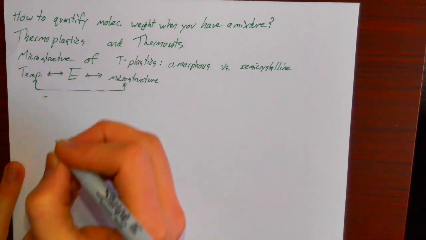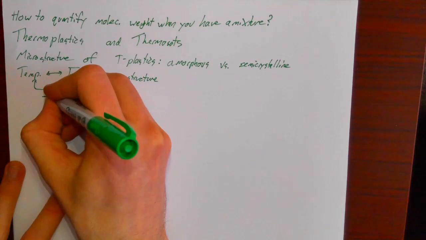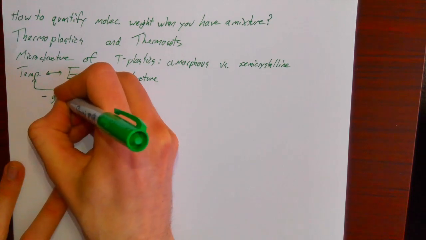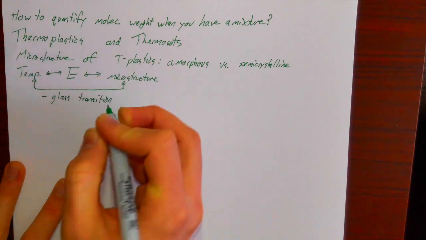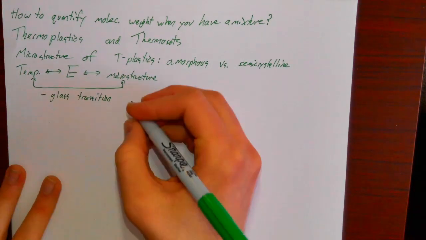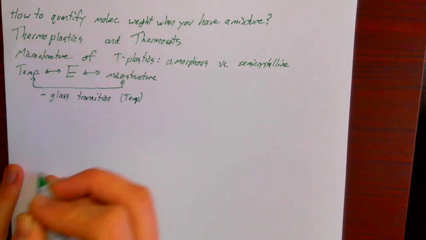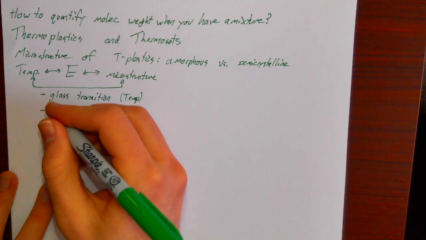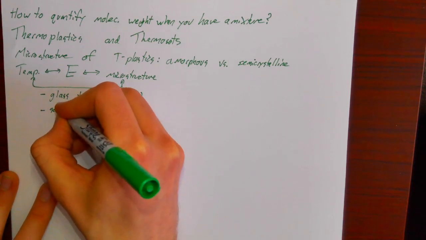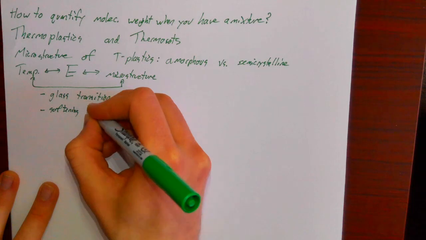Some terminology that we'll use in describing this relationship is the so-called glass transition temperature, or the glass transition and the temperature associated with it. We'll also talk about a process of softening and viscous flow.